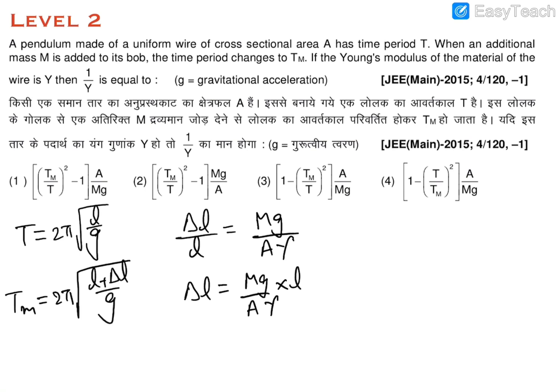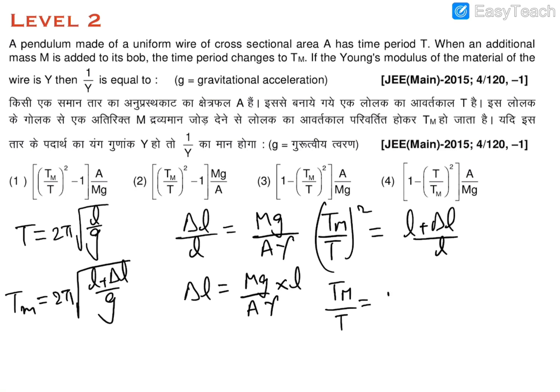You can see that Tm by T whole square is equal to L plus delta L by L. So Tm by T whole square is equal to 1 plus delta L by L, so it is 1 plus mg by A gamma.